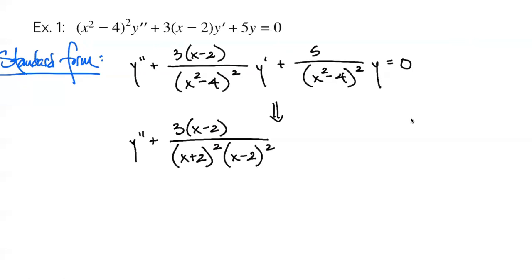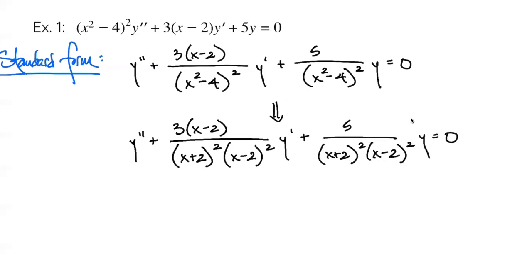There's one x plus 2 and x minus 2 from the first x squared minus 4, and then a second one from the fact that we're squaring it. And then I'm not going to forget the y prime plus 5 over, and we'll do the same thing here, x plus 2 squared, x minus 2 squared, y equals 0.